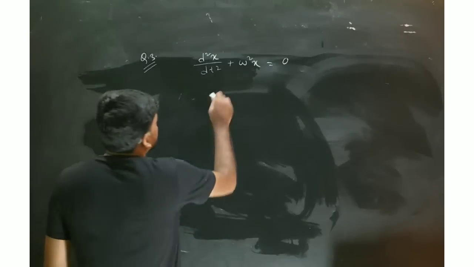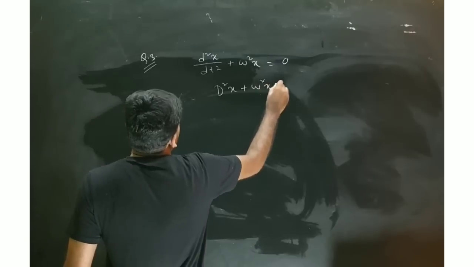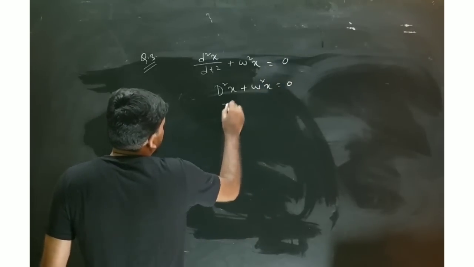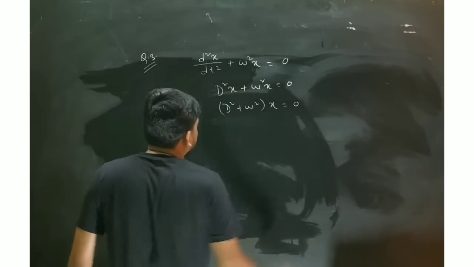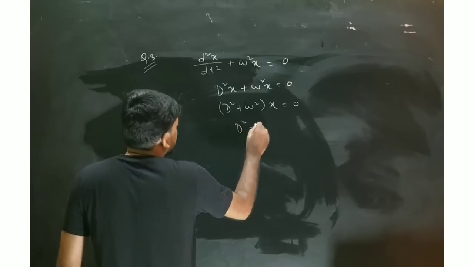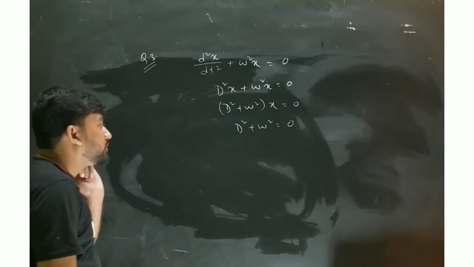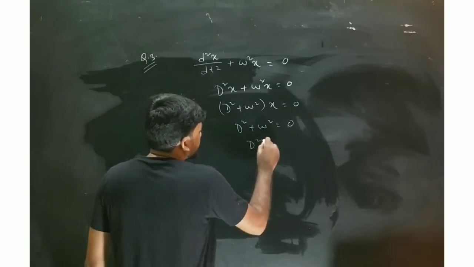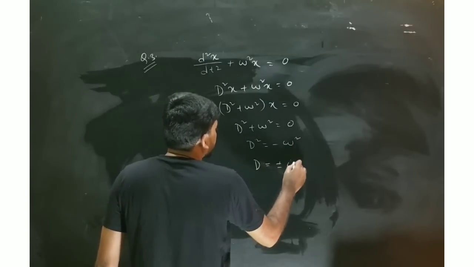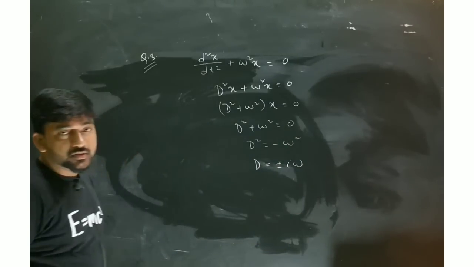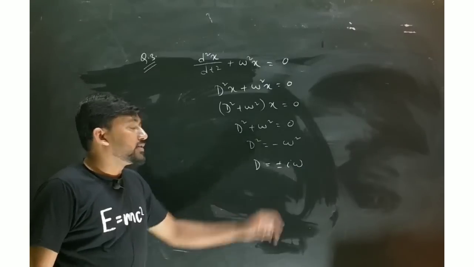That is D²x + ω²x = 0, that means (D² + ω²)x = 0, so D² + ω² = 0. So D² will be -ω², so D will be ±iω. So the roots are α ± iβ, but α = 0 here and β = ω.